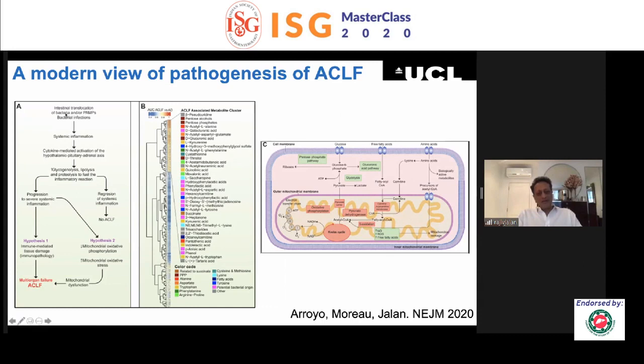One is there's bacterial translocation and pathogen-associated molecular patterns, which in our patient, David, was a bacterial infection, okay? Which sets up a systemic inflammatory response, which is manifested by cytokine-mediated activation of the hypothalamic pituitary adrenal axis.